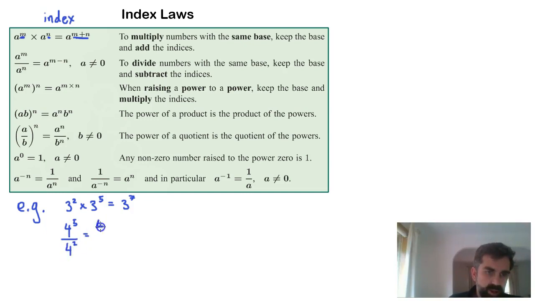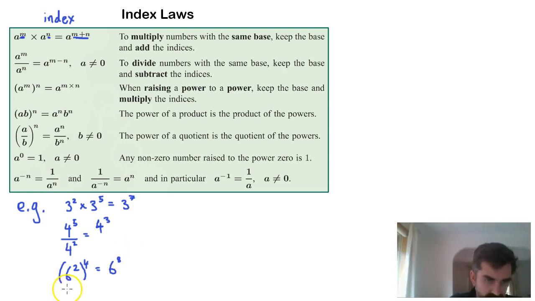Then we would subtract those indices, so we would get 4 to the power of 3. The third rule there says that, let's say we had 6 squared, and then that was being raised to the power of 4, then we would multiply those indices. So 6 to the power of 8.